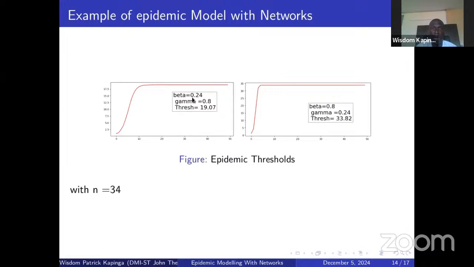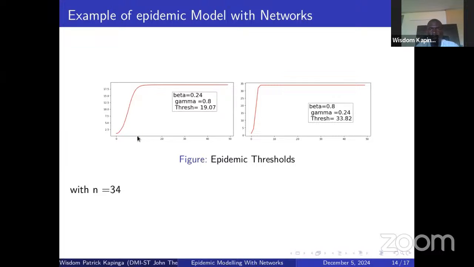depending on the beta and gamma, we do have 2 different thresholds. For example, when beta is equal to 0.24 and gamma is equal to 0.8, then you have a threshold there around 19 or 20, whereby you are expecting that the disease will die after maybe 20 people have got infected.